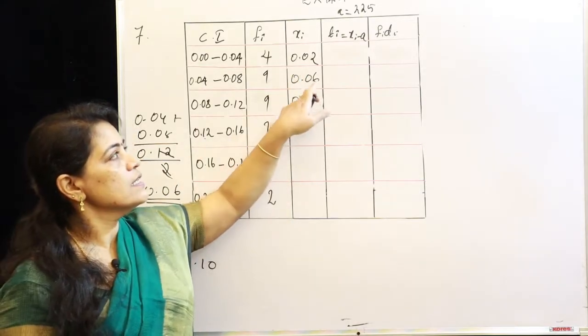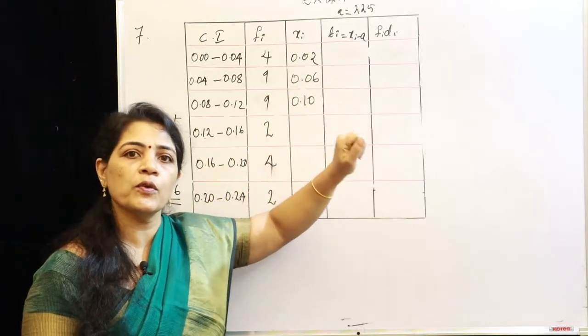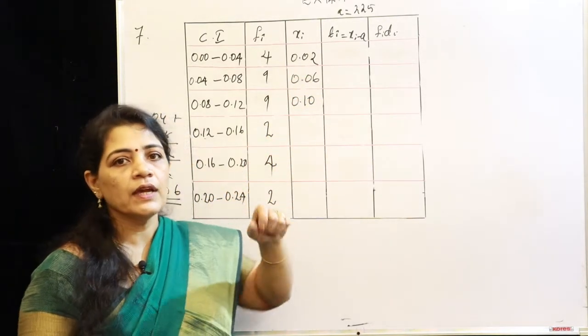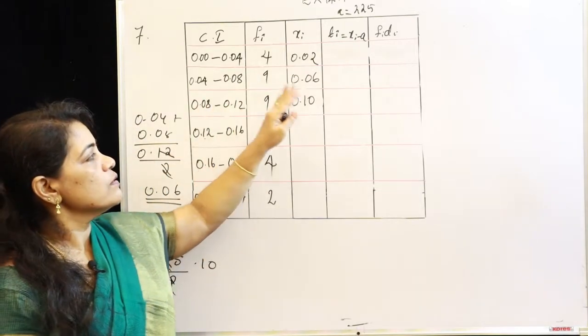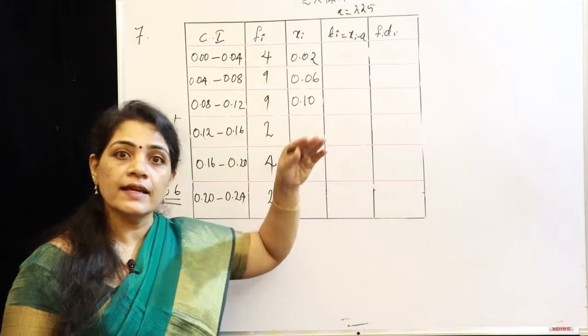See the difference? 0.10 minus 0.06 is 0.04. That means the class width is also the same for the difference between each consecutive xi.